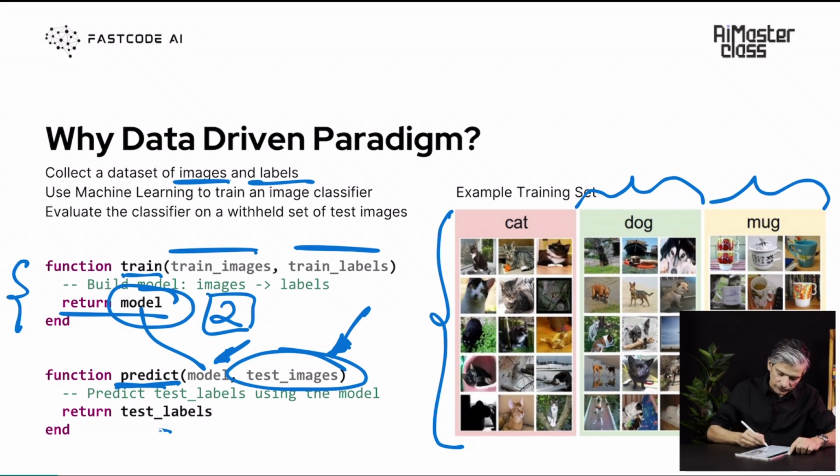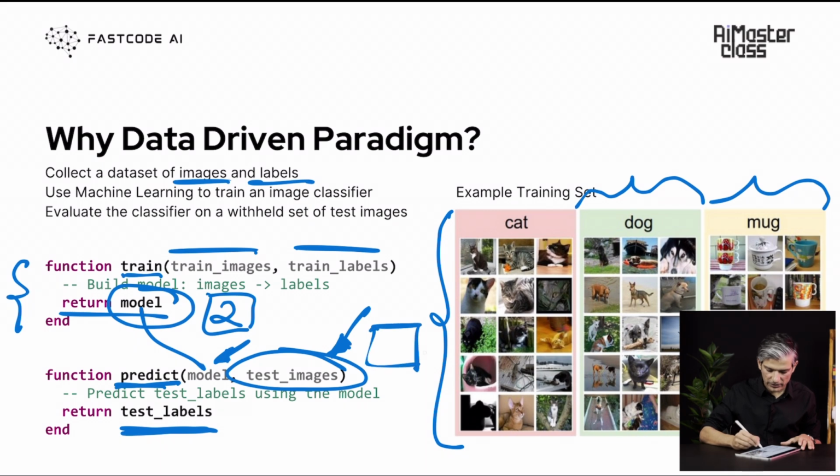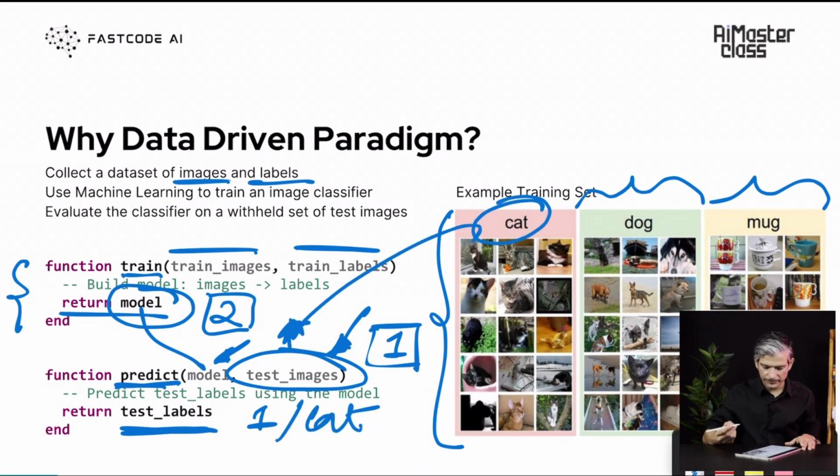And this predict function gives us the labels for our input, which we do not know the label for, right? So if we give it a digit looking like this, it should say it is a handwritten digit 1. If we give it an image of our cat, it should be able to return that it's a cat, and so on.